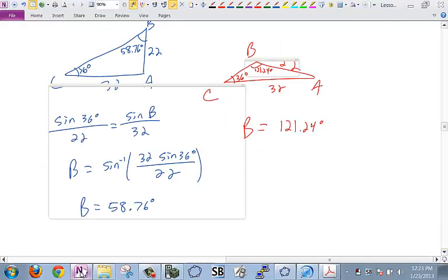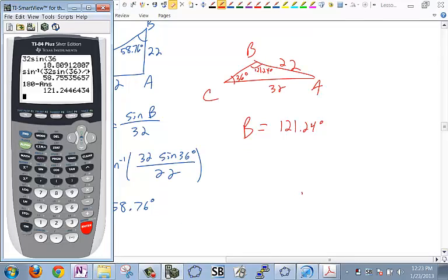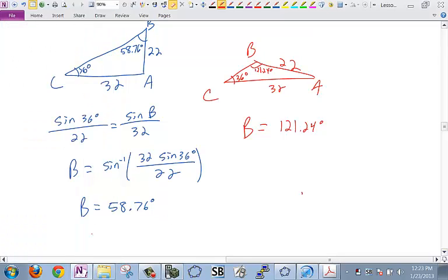Okay? So now that I have angle B, I can easily find angle A, yeah? To find angle A, in blue, I can say 180 minus 36 minus 58.76. So that's going to be 85.24.